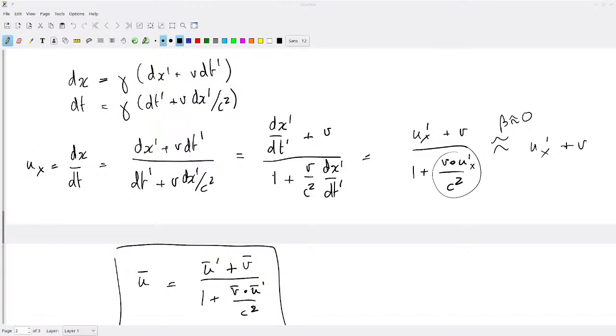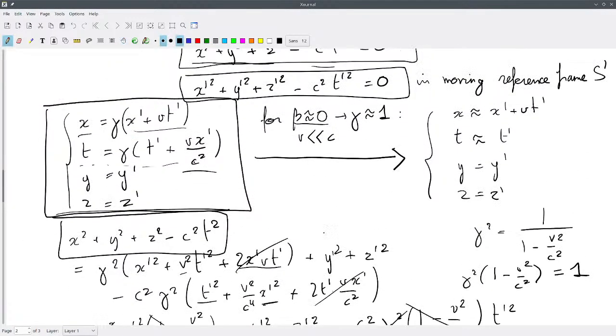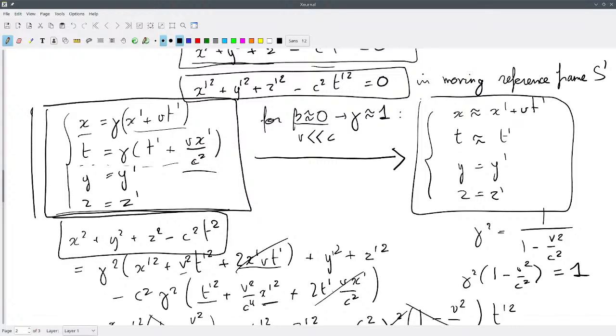So this is not necessarily as important, but knowing that there is a coordinate transformation that transforms from one reference frame to another is something that is important. So we cannot use anymore our traditional Galilean transformation at high velocities. So this is a very fundamental thing about special relativity that we have to keep in mind.